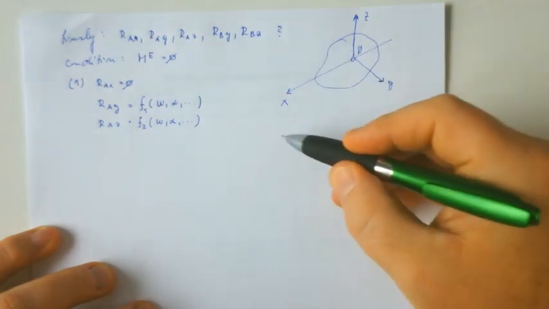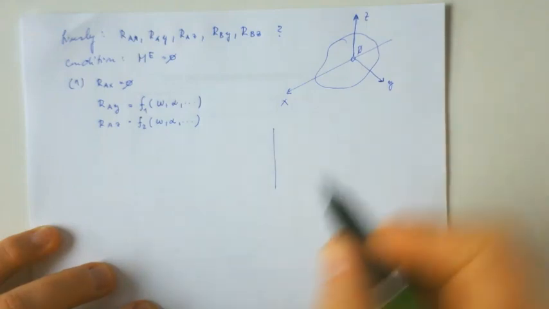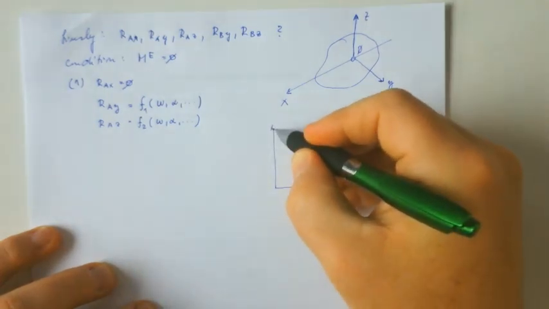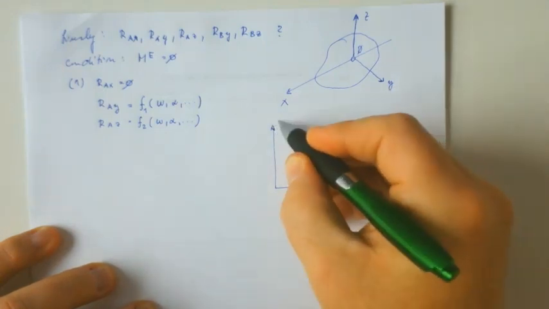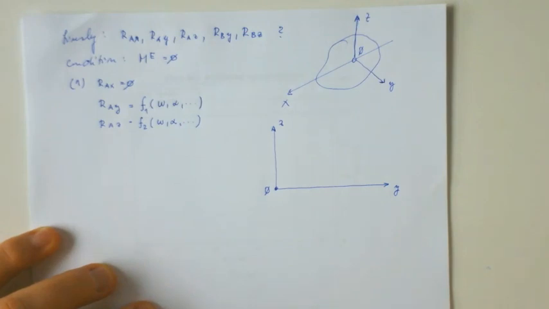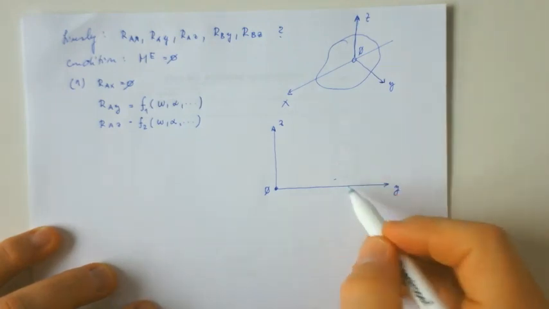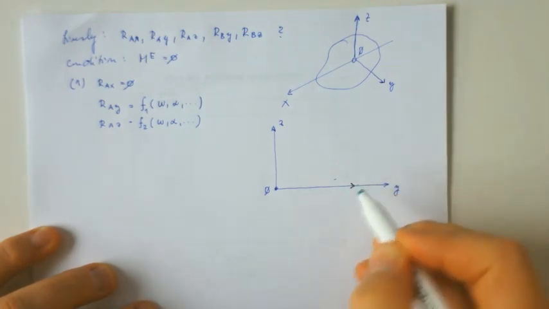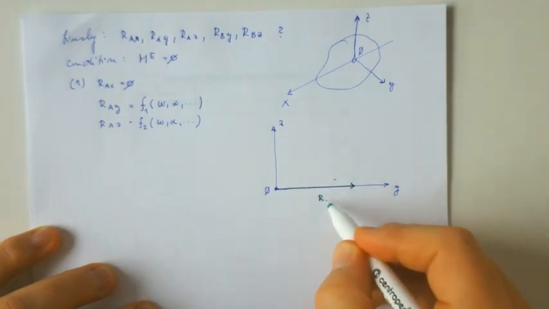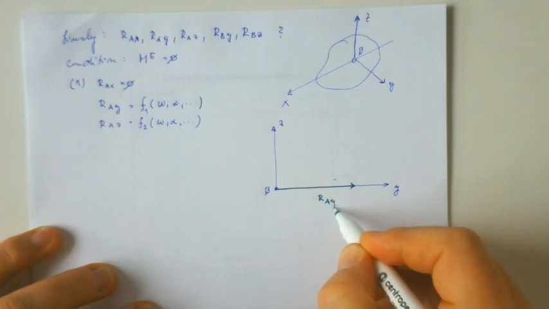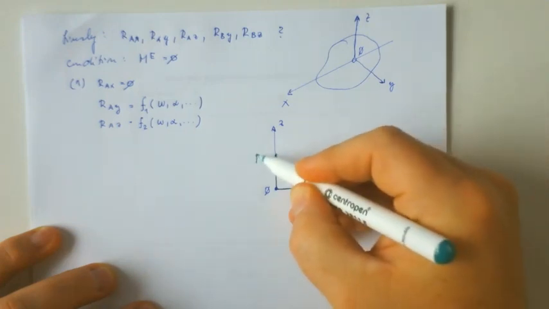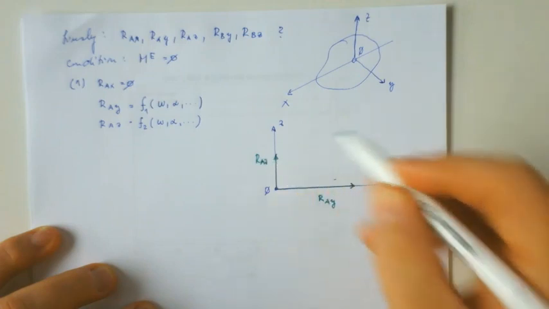So if I use this coordinate system, y, z, I can find here, for example, reactions RAy and RAz.